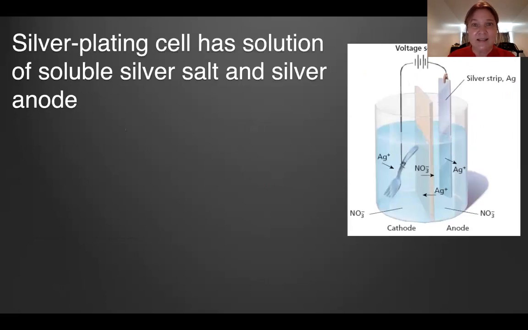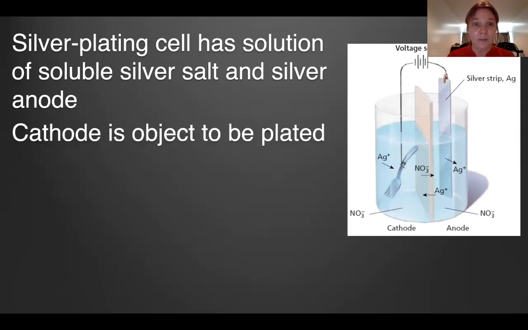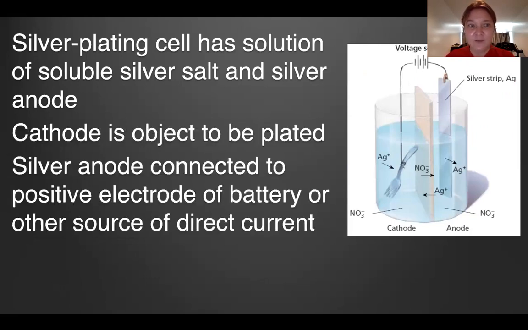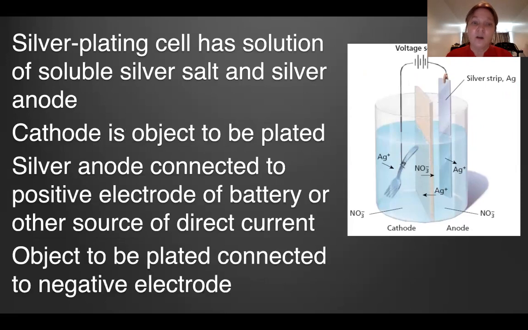So the silver plating cell has a solution of soluble silver salt and a silver anode. The cathode, like I said, is the object to be plated. The silver anode is connected to the positive electrode of the battery or other source of DC current. The object to be plated is connected to the negative electrode.